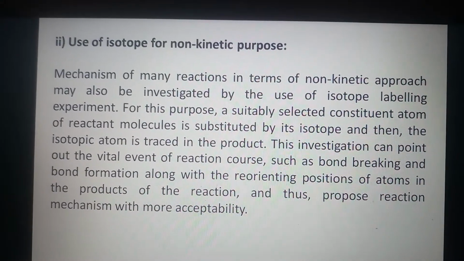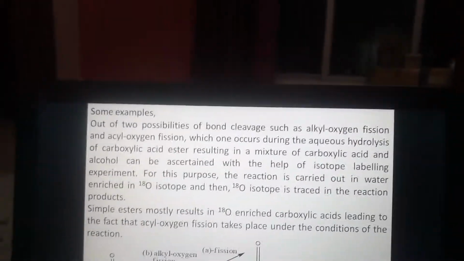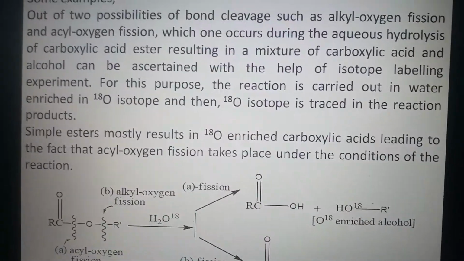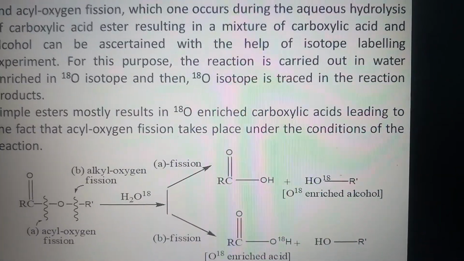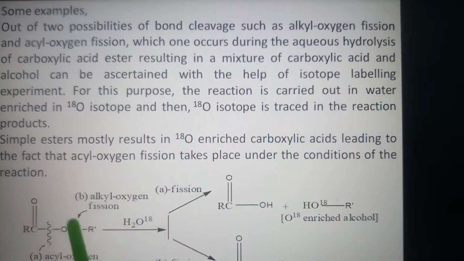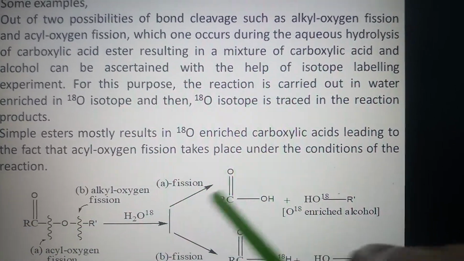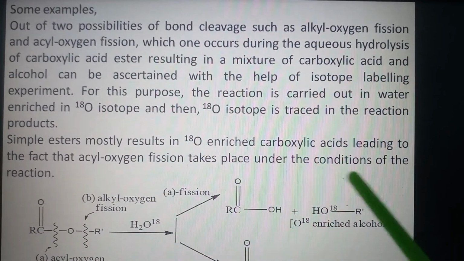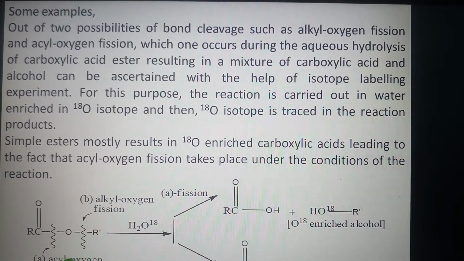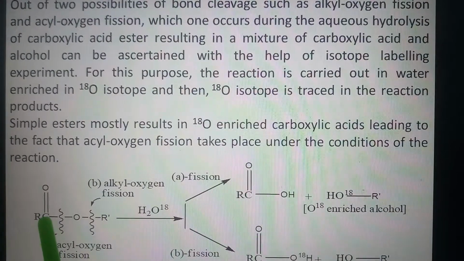Here are some examples. You have seen, this is an ester, and we have to break it into acid and alcohol. There are two possibilities: alkyl oxygen fission and acyl oxygen fission.